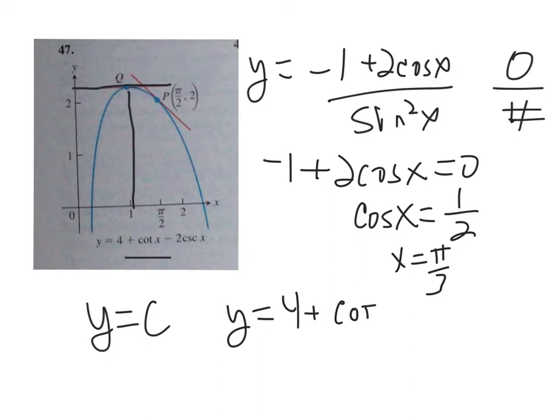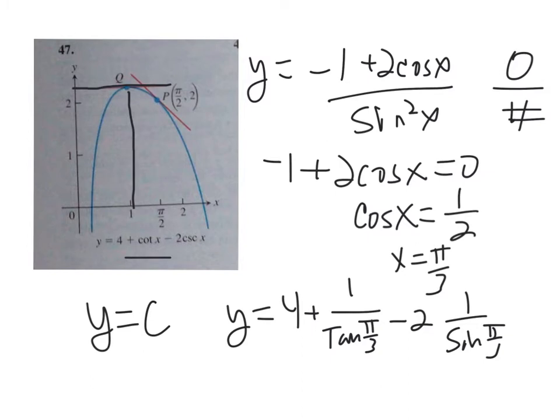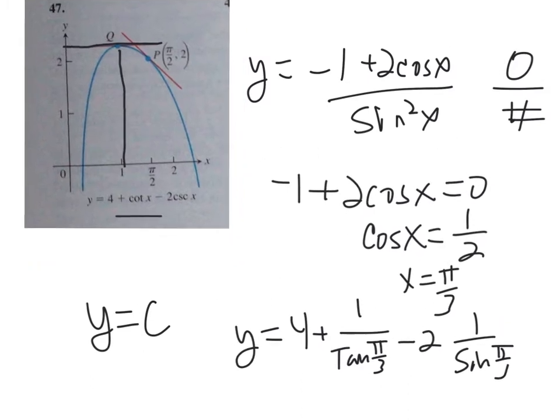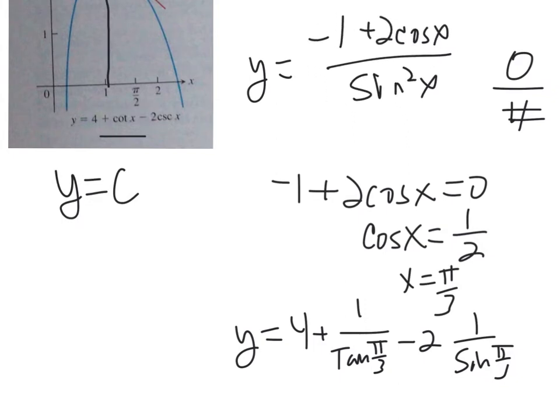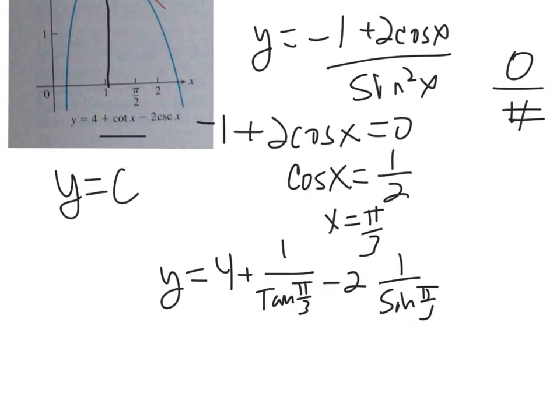This might be a little easier. Isn't that the reciprocal of the tangent? So 1 over the tangent of pi over 3. I don't know if it's going to be any easier, but we'll do it this way. Minus 2 times 1 over the sine of pi over 3. So let's see. Let's do some moving. I'll move this up because I still need that. I don't want to lose that.